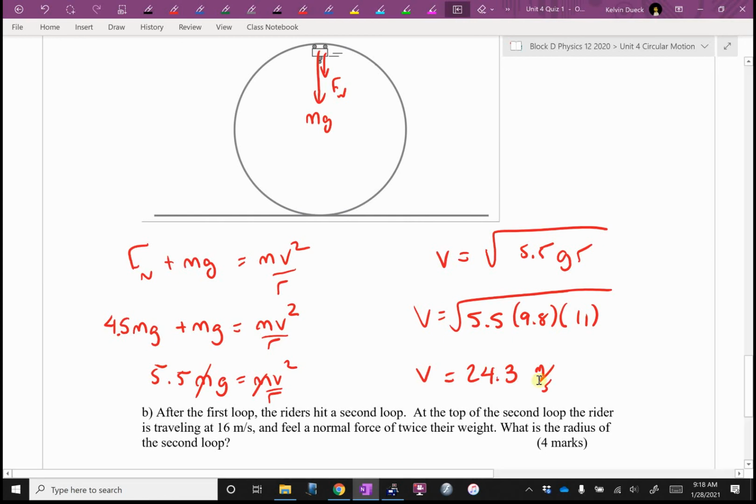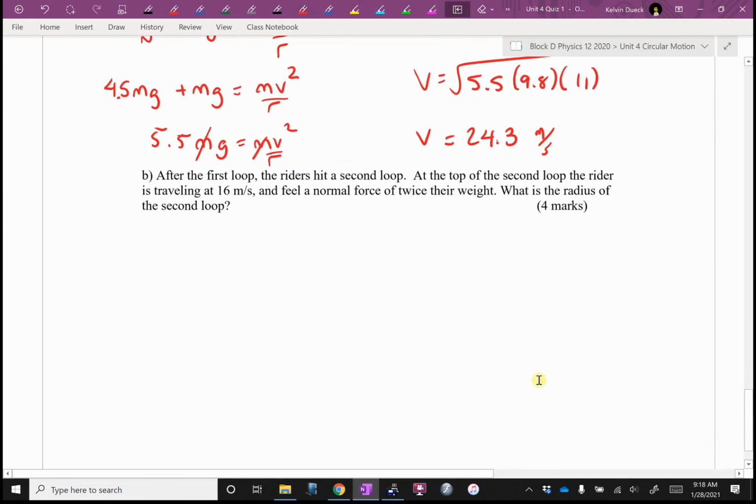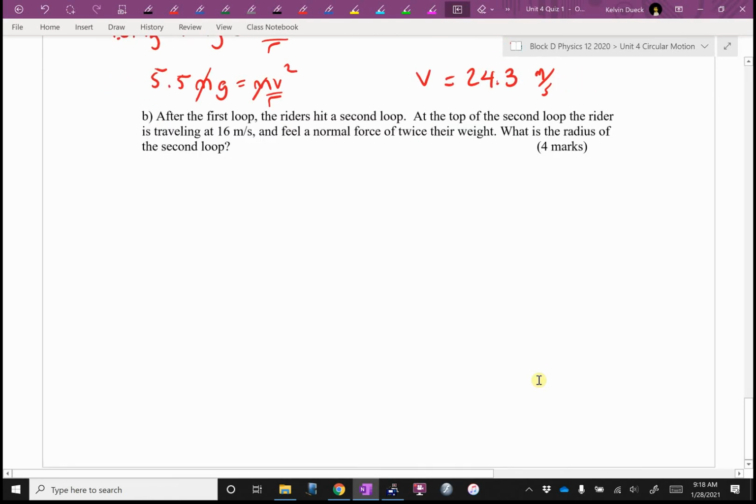After the first loop, the riders hit a second loop. At the top of the second loop, so same free body diagram, the rider is traveling 16 meters per second and feels a normal force of twice their weight. What's the radius of the second loop? So I'm going to argue it's the same free body diagram. I think it's going to be the same equation. Normal force and gravity equals mv squared over r.